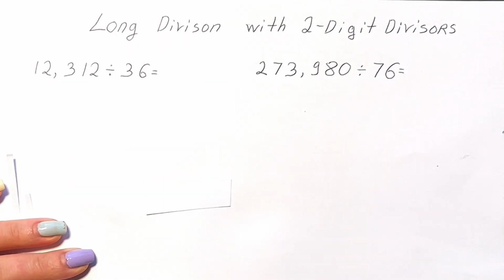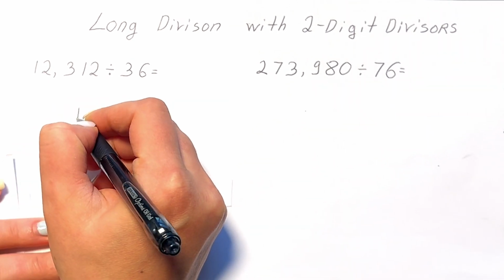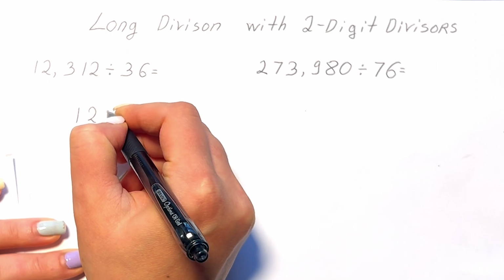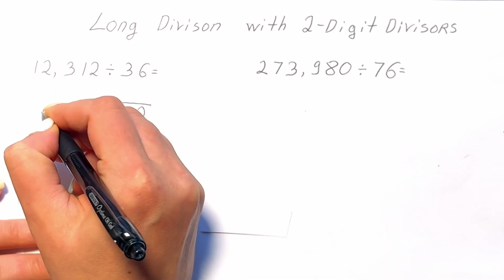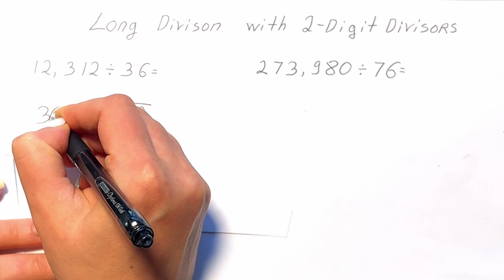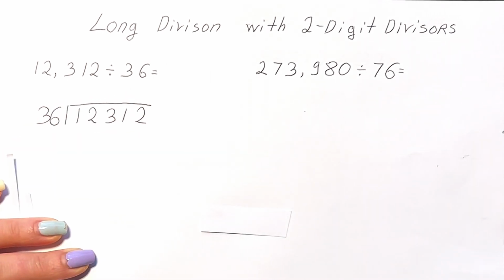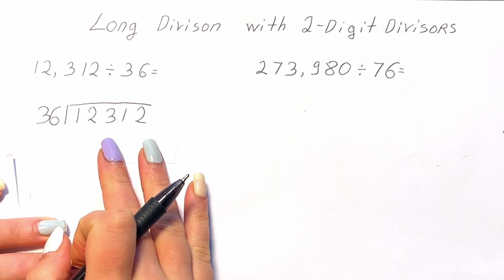Let's try another example. 12,312 divided by 36. The same way, I'm gonna start to divide digit by digit.